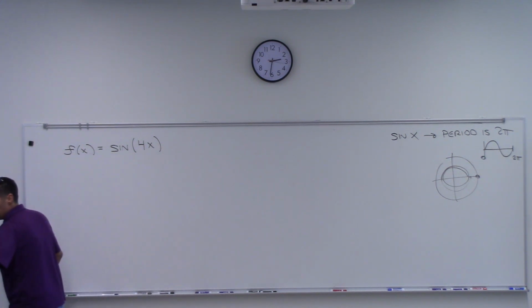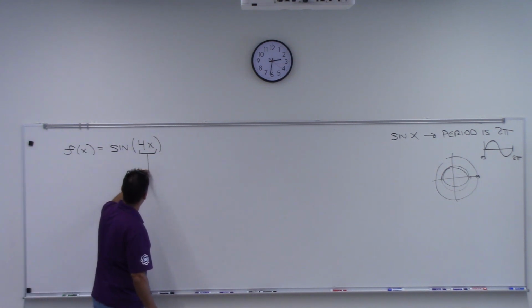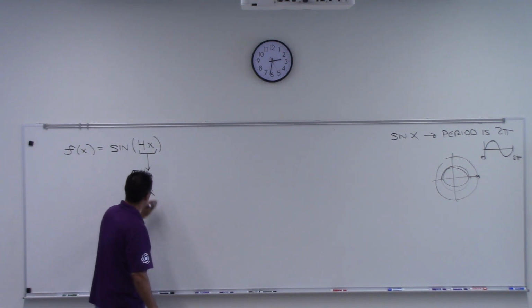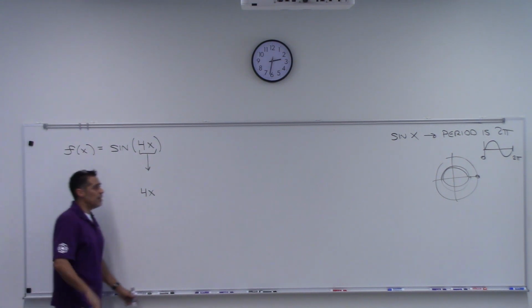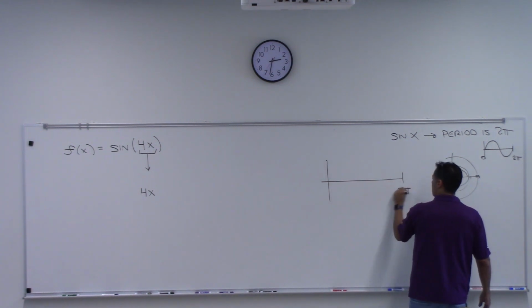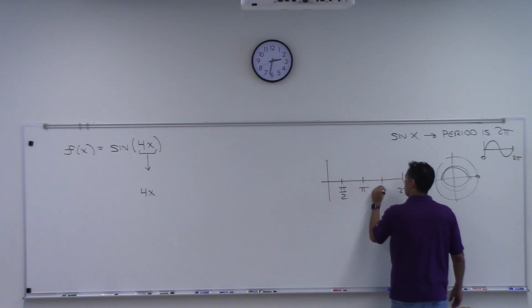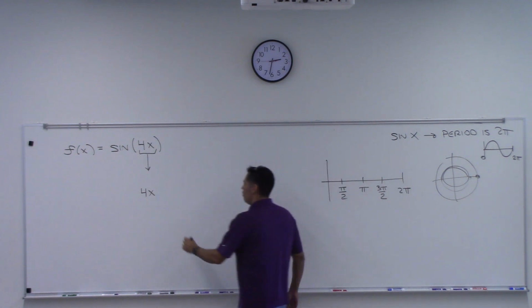What you're going to do is this first. You're going to take this in here, 4x, and you're going to set that equal to the important points that we know are on the regular sine function. 0, pi over 2, pi, 3 pi over 2, 2 pi.